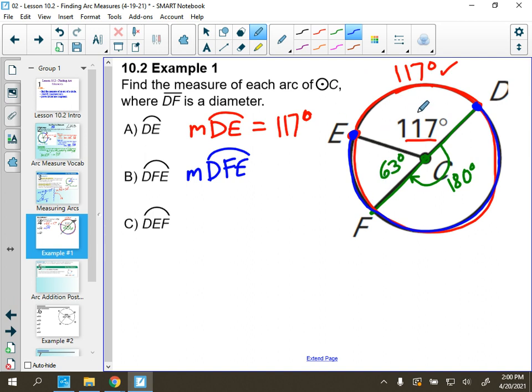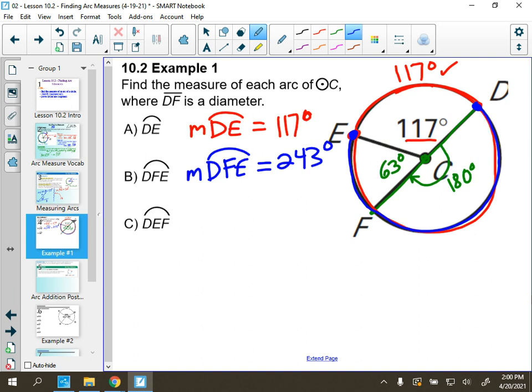You could go 360 and take off the 117. A couple different options there. We end up with a measure of... what do we got? 243. I was forgetting what I was doing for a second. All right, sweet, so far so good.